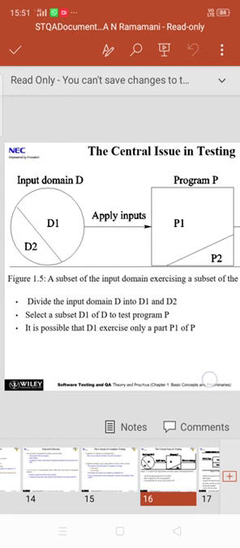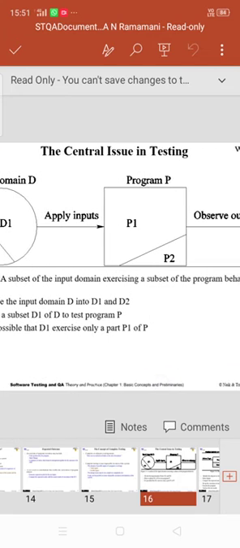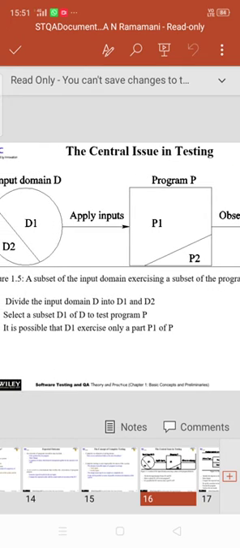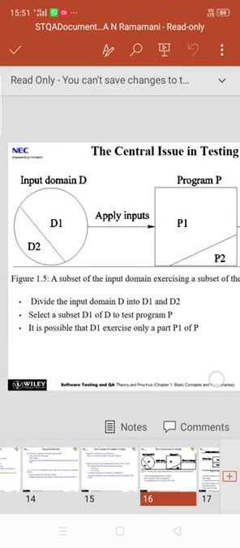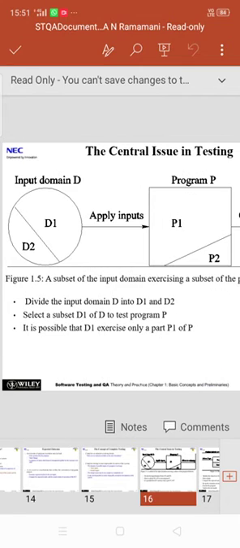A subset of the input domain exercising a subset of the program behavior is the diagrammatic presentation. Divide the input domain D into D1 and D2. Select a subset D1 of D to test program P. It is possible that D1 exercises only a part P1 of P.